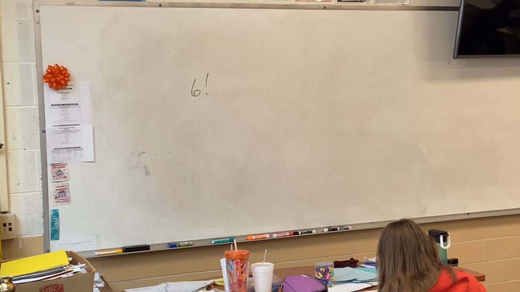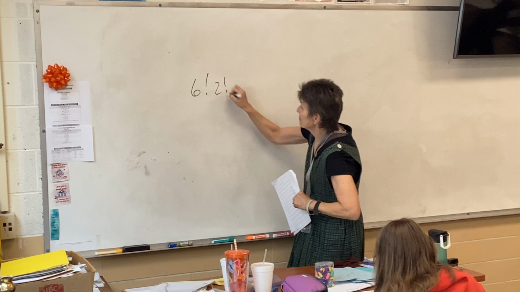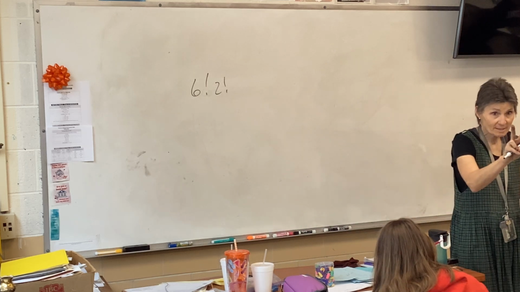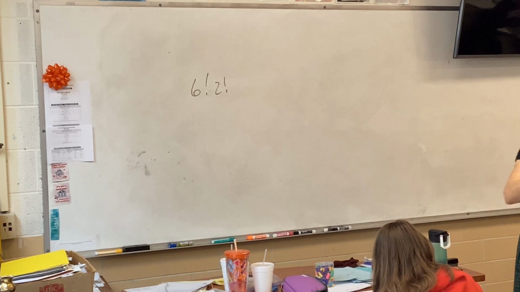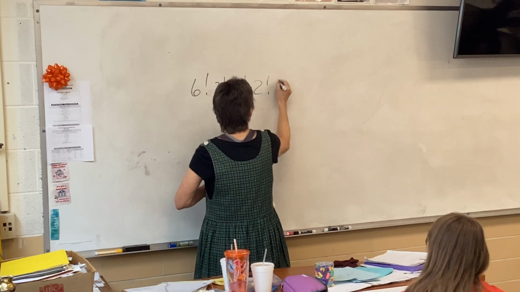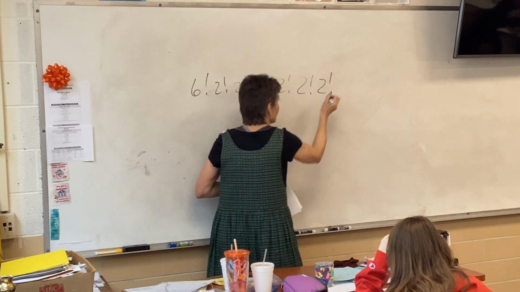So within that bundle, the Sam Mrs. Ford bundle, that could be done 2 factorial ways. That individual bundle can be arranged 2 factorial. What about this bundle? Another 2 factorial. And another 2, another 2, and another 2.